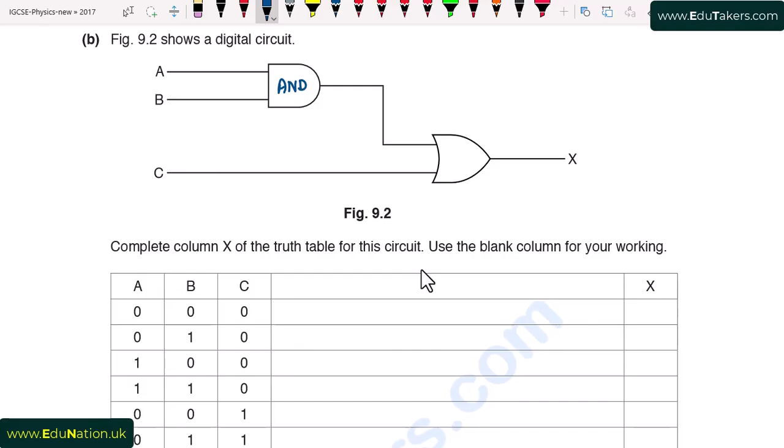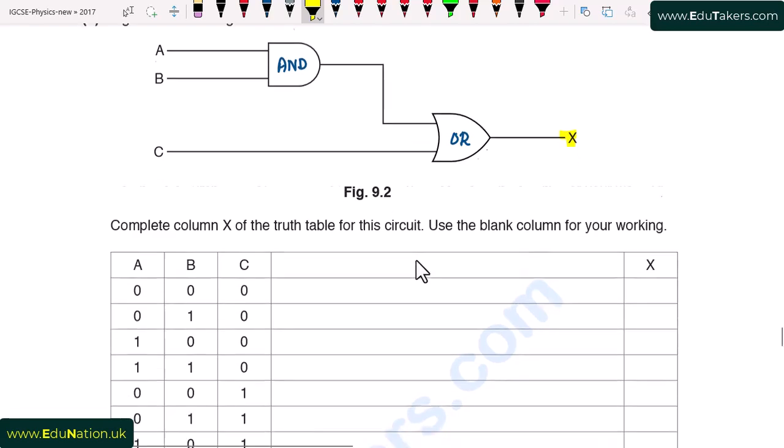The output of the AND gate and the input C both combine by an OR gate to give the output X. Complete column X of the truth table for this circuit. Use the blank column for your working. So we have to complete this column.